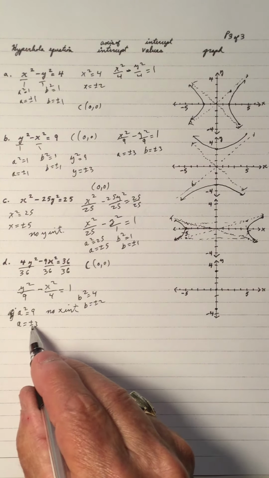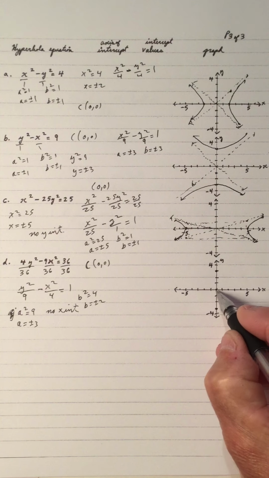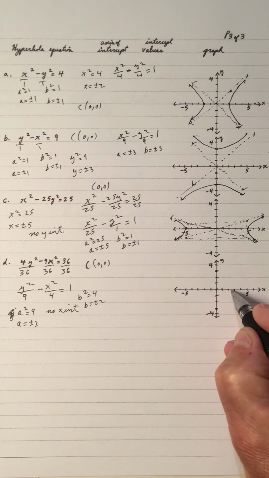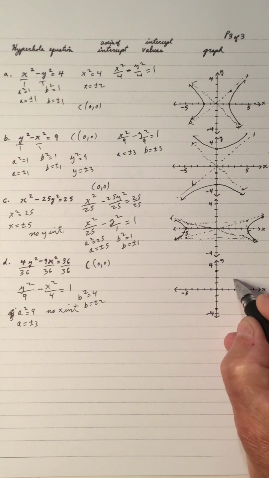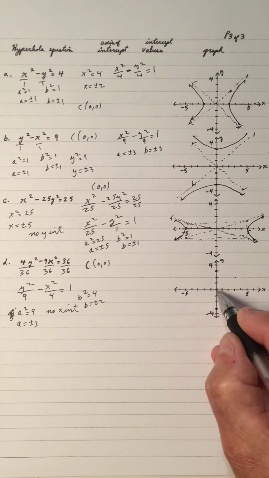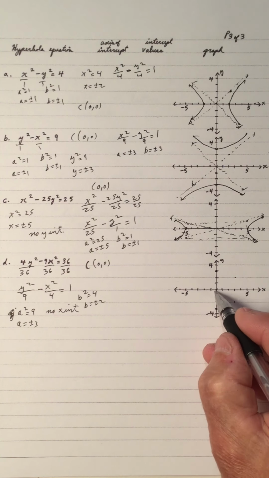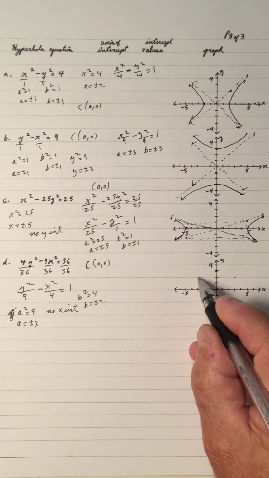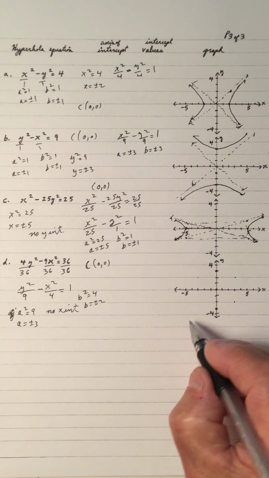And so the vertical stretch is 3, and the horizontal stretch is 2. So if you want to form the box, right 3, up 2, right 3, down 2, and left 3, up 2, and left 3, down 2.